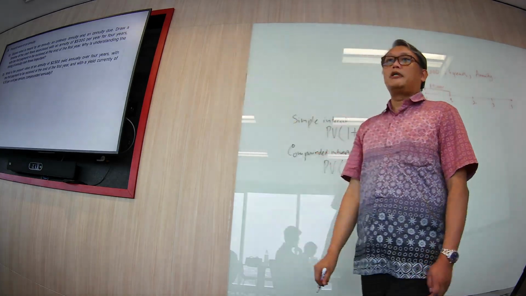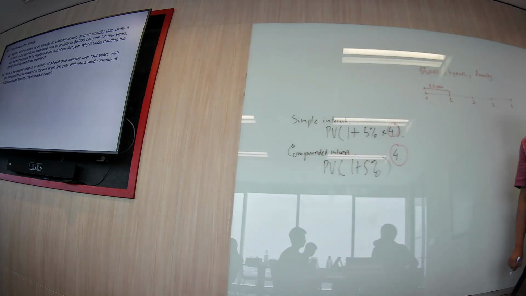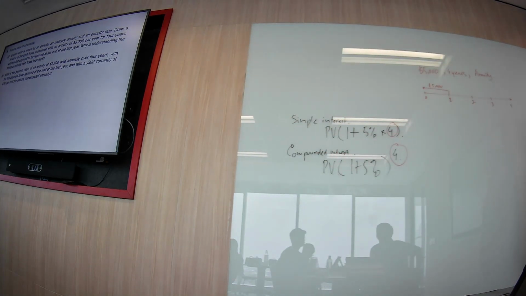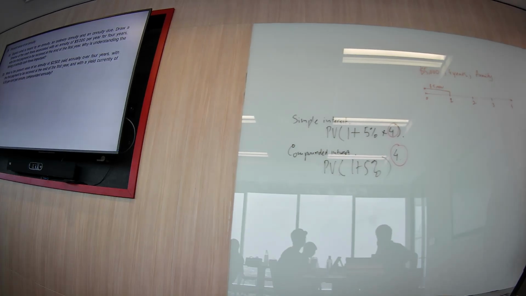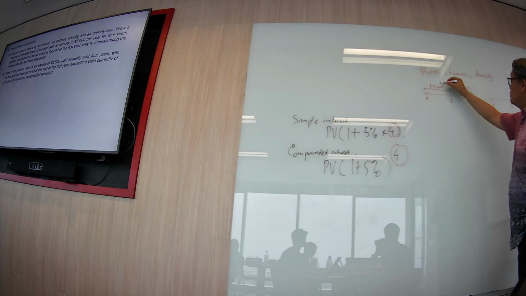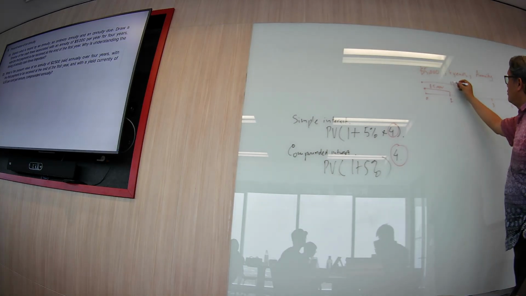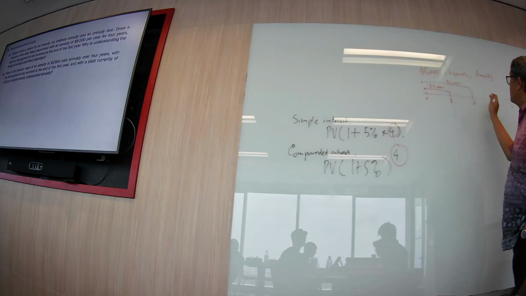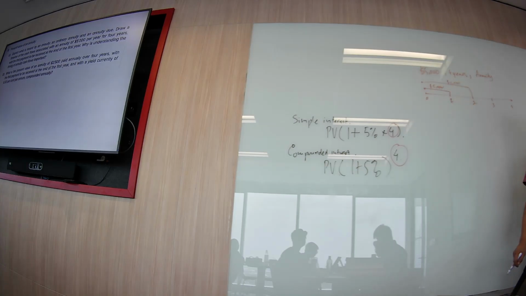Yeah, end of the first year. And then we pay again, right? This is 5,000 again. And then up to year 4. Yeah, that's annuity.